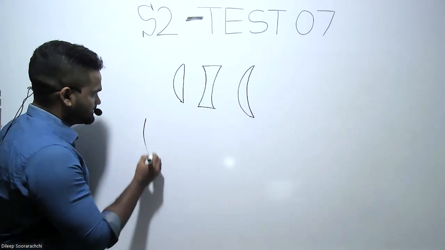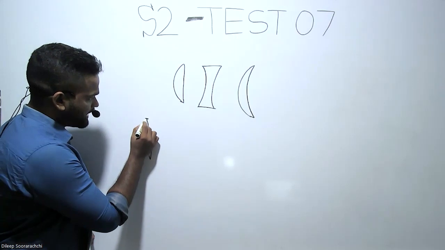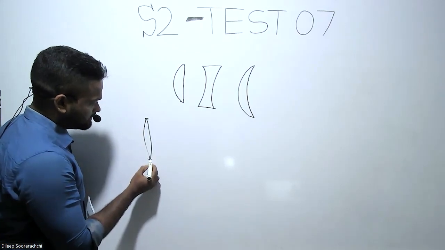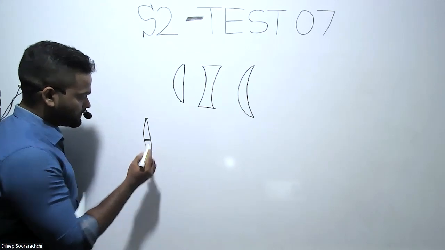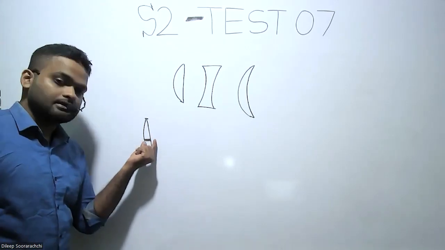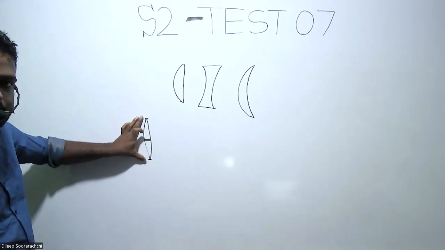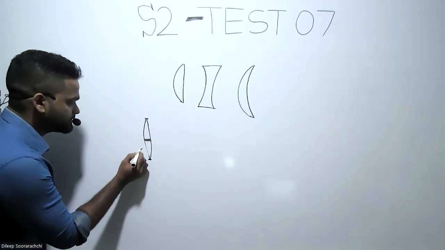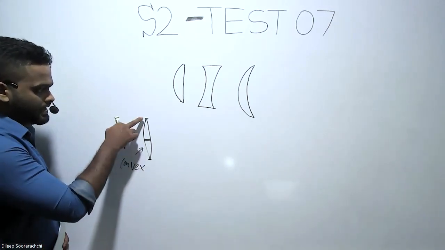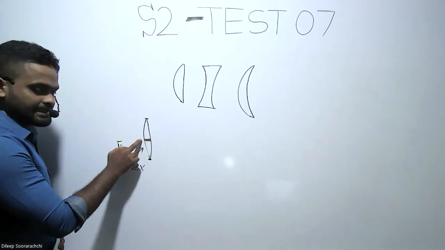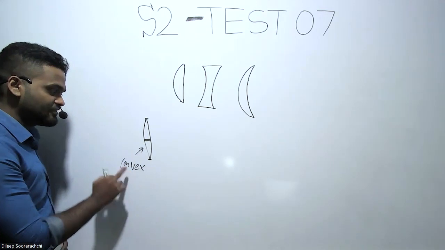If you take a lens, this could be any shape, if the ends are less thick compared to the middle of the lens, if the middle of the lens is thicker than the edges of the lens, these types of lens we call convex. Middle should be thicker than the edge of the lens, so they are called convex.